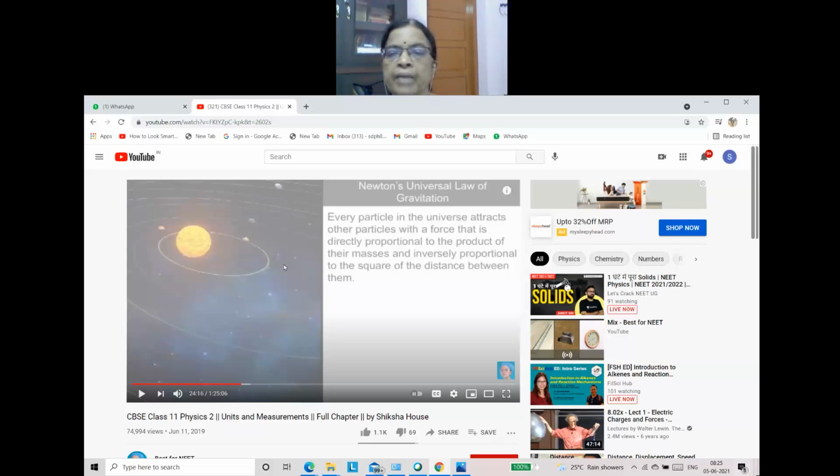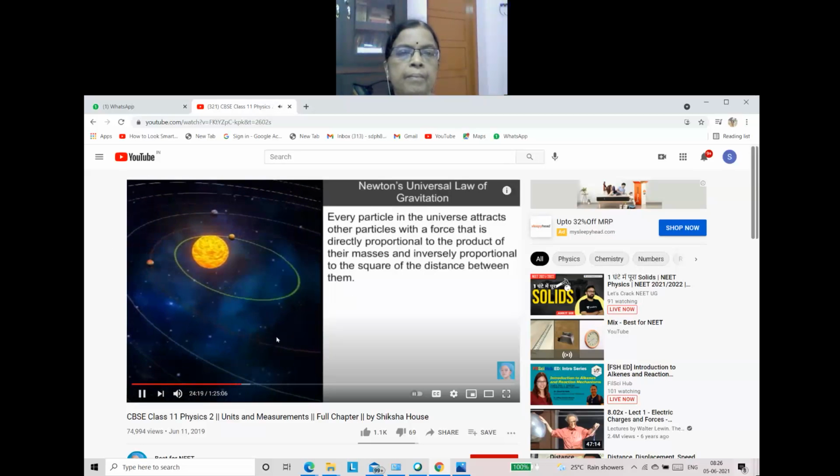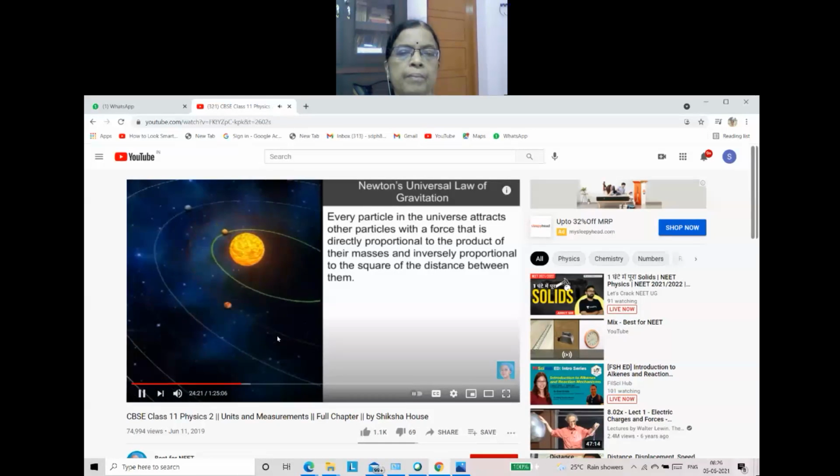Newton's universal law of gravitation. But only to know that huge masses, it is an indirect method of measurement of mass, not direct method. So for that we use Newton's universal law of gravitation.